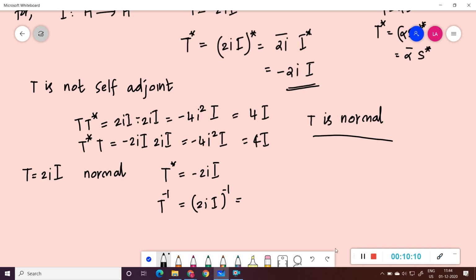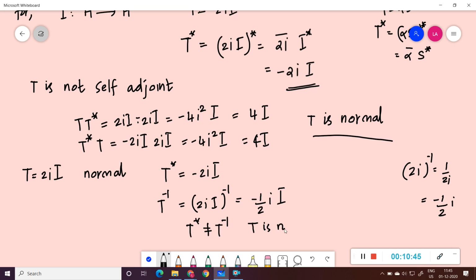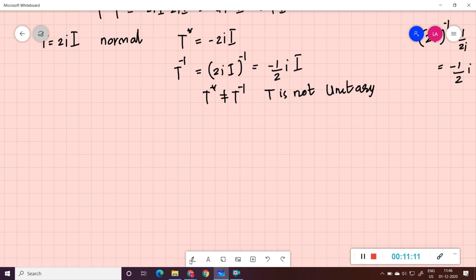And the inverse of 2i is 1 by 2i, which is equal to minus i by 2. So this is T inverse, and this is T star. So clearly T star is not equal to T inverse. So clearly T is not unitary. So this operator is normal, which is not unitary. So every normal operator need not be unitary. So even though every self-adjoint or unitary operator is normal, the converse need not be true.